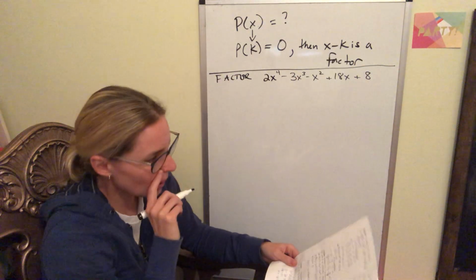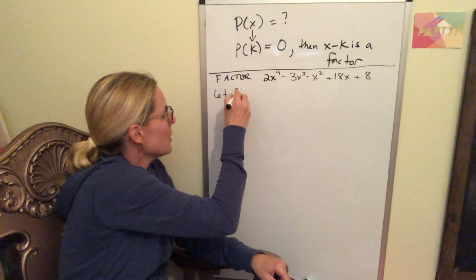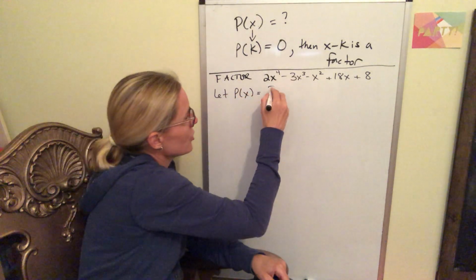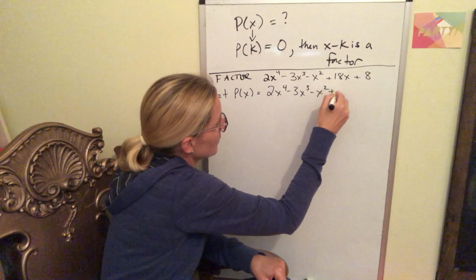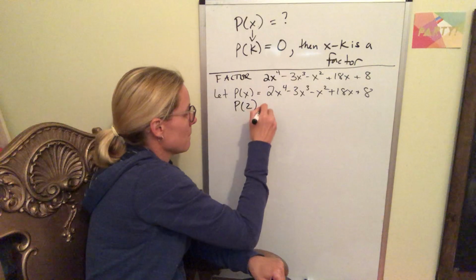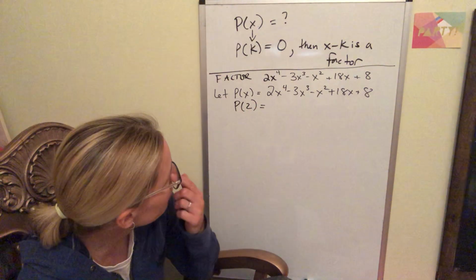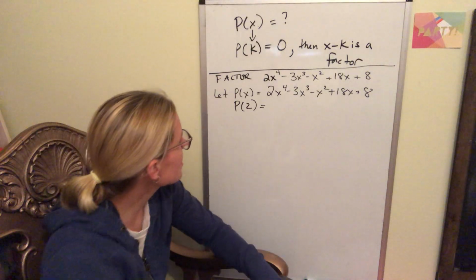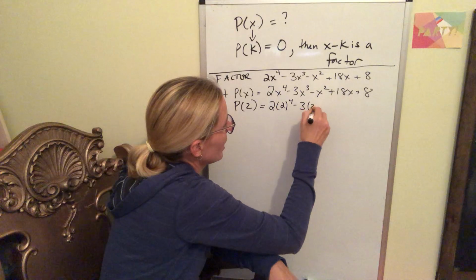So I am going to attempt this. I'm basically going to say p of x is this function, 2x to the 4 minus 3x cubed, and because I did some quick calculations in my head, I think 2 or negative 2 will work. We'll take a little look. If I substitute 2 in, you have to put it in everywhere an x exists.